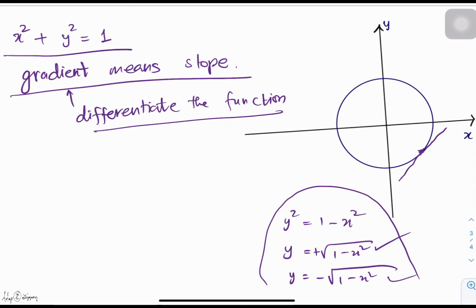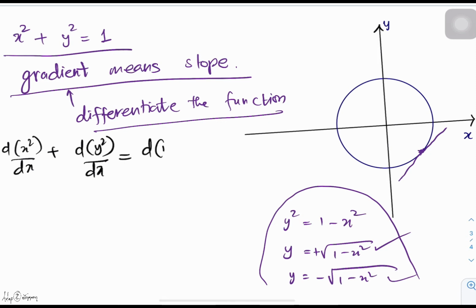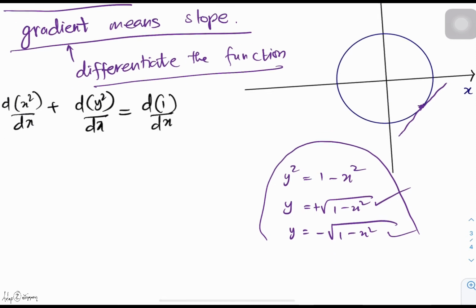So what I would do is differentiate x squared with respect to x, plus differentiate y squared with respect to x, and also differentiate 1 with respect to x. Since the variables are the same in numerator and denominator, I directly apply the general formula: the exponent comes in front, and from the exponent 1 is subtracted, then plus.